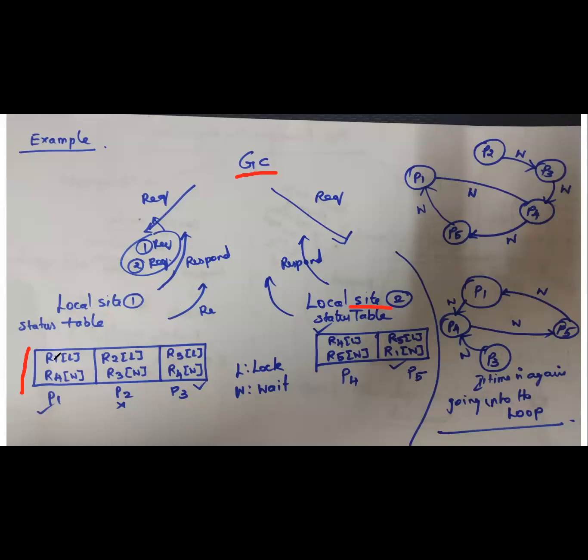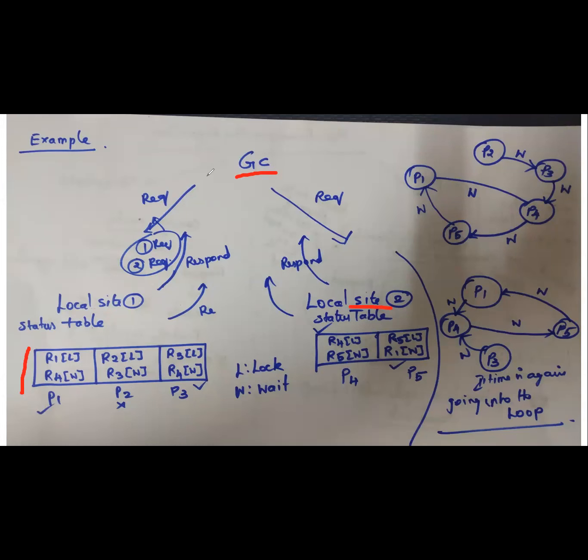R1 is locked by P1, R2 locked by P2, R3 locked by P3, R4 locked by P4, R5 locked by P5. And P1 is waiting for R4, P2 is waiting for R3, P3 is waiting for R4, P4 is waiting for R5, and P5 is waiting for R1. This is one example scenario I have taken.